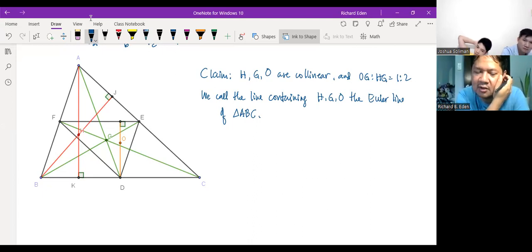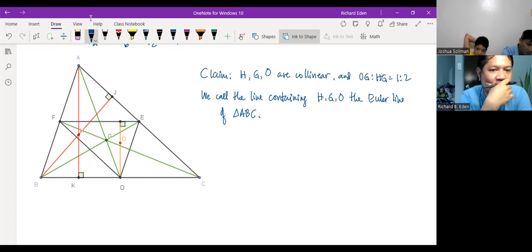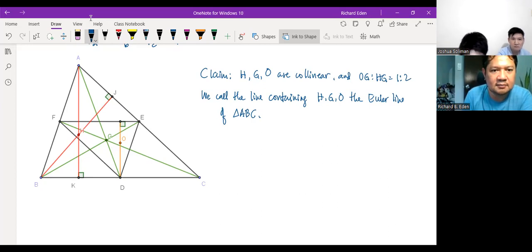Okay, so we have defined these points, and so we know their properties. So why should they be collinear? Observe the following. H is the orthocenter of triangle ABC.